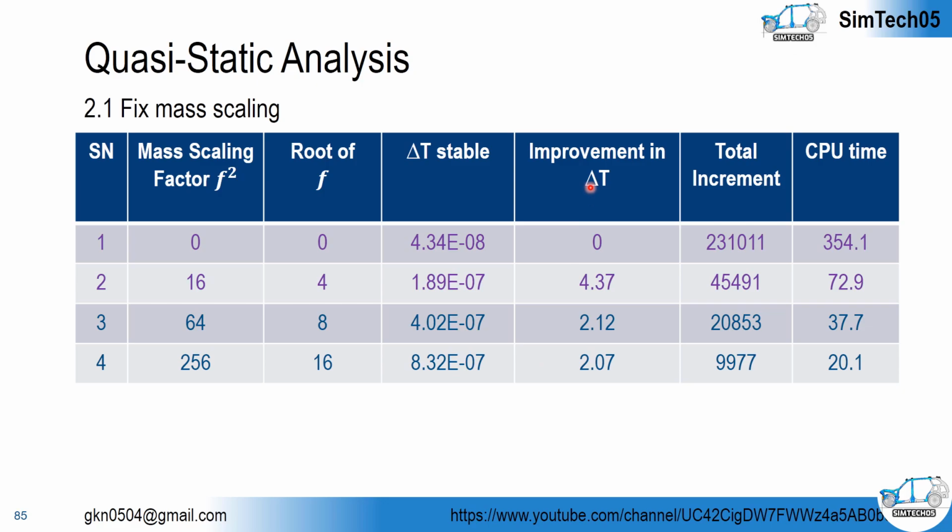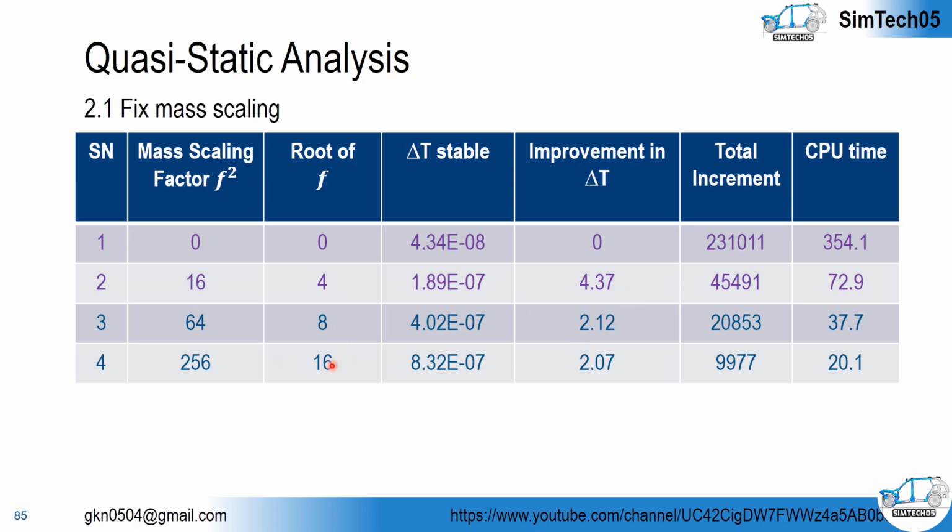So the improvement is 4 times as compared to the first condition, then again an improvement of 2 times as compared to the second condition, then again an improvement in the delta t of 2 times as compared to the third condition, because if I divide 8 by 4, the ratio will be 2, and then the improvement is also 2 times.